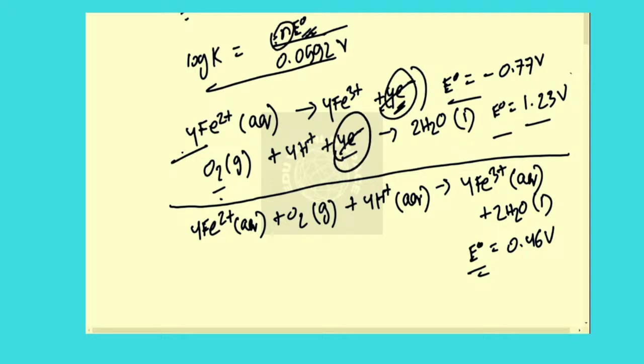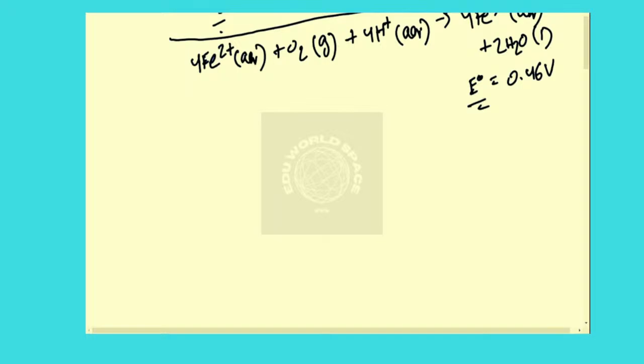So if we plug in the values, log of K gives us 4 times 0.46 over 0.0592, and this will give us a number of 31.08.